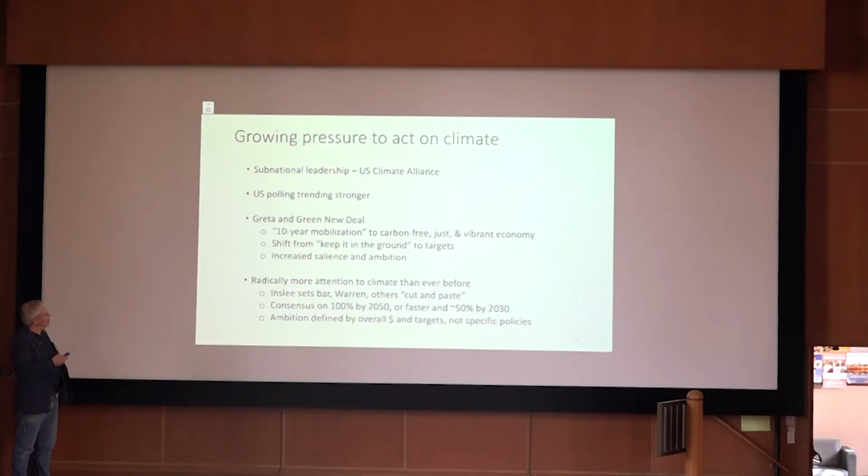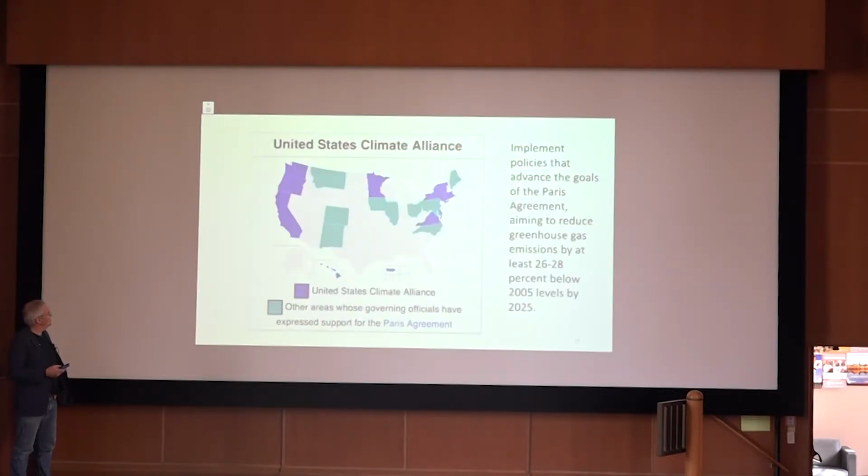The second is that US polling, as we've seen, just changed. So the issue polls differently than it did all of a sudden, which means there could be a political cost. And then there's Greta Thunberg and the Green New Deal, sort of the young people awakened. And this is a harbinger for trouble. And so there's radically more attention to climate than ever before. And we're going to talk about each one of these things, all right?